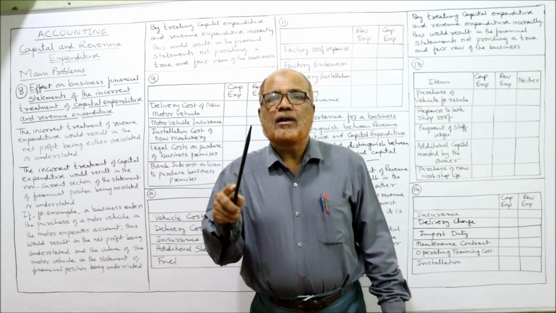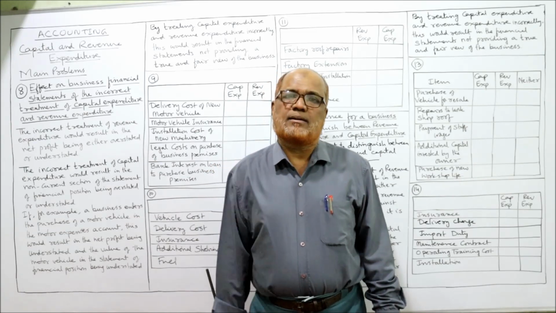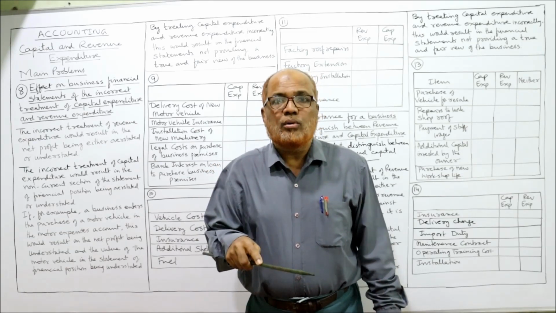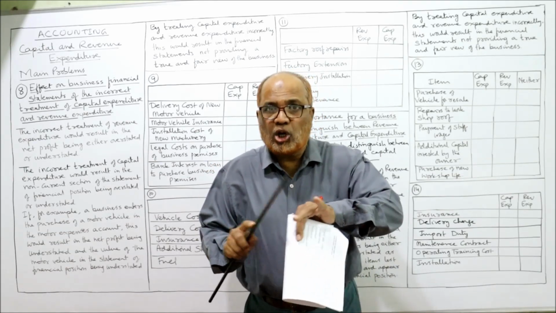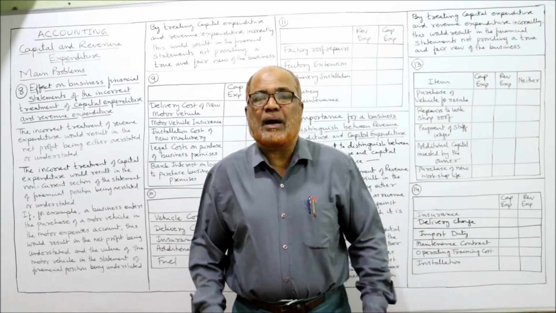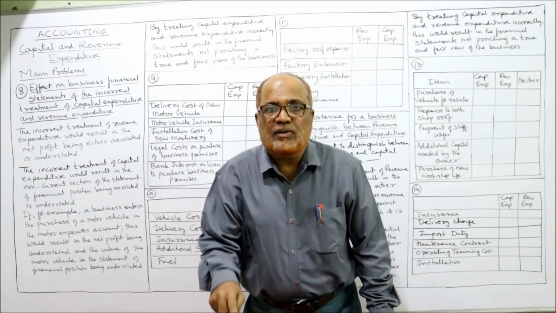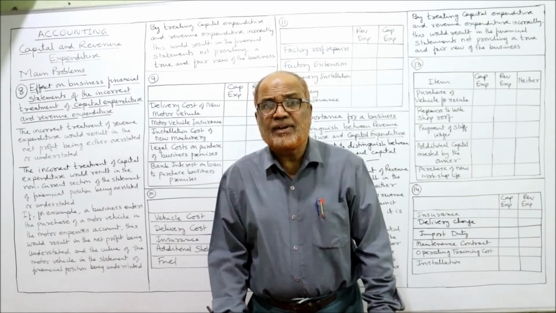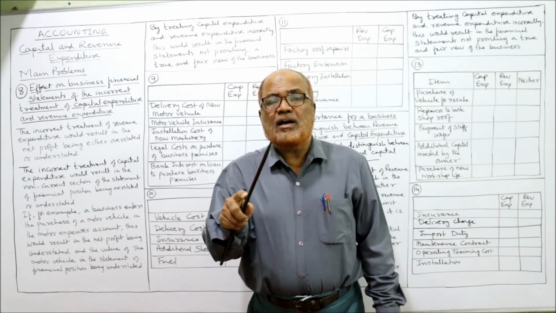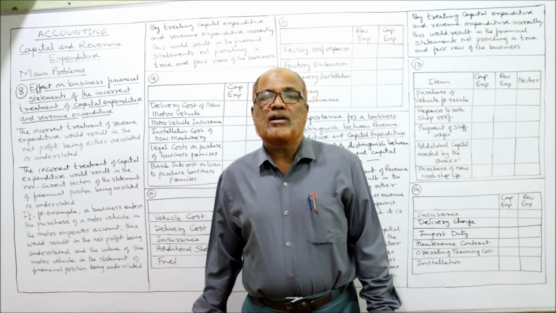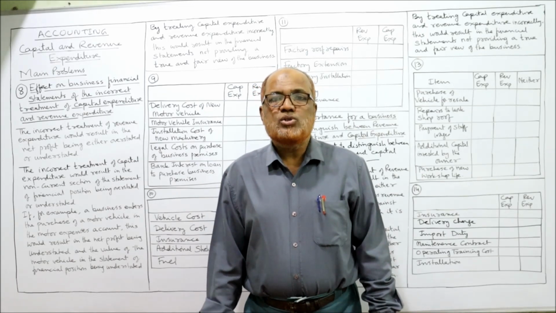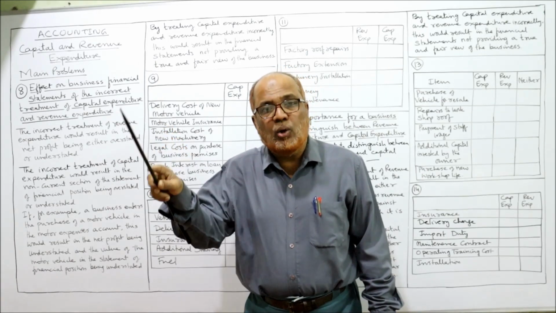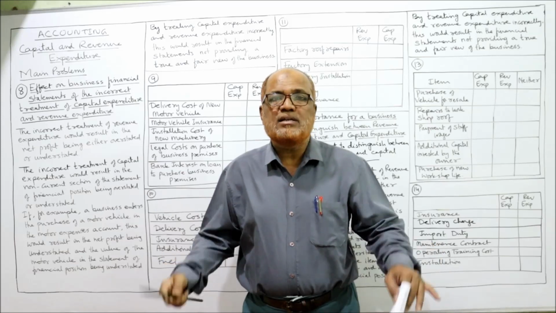Then the profit will be understated, because the motor vehicle should not be charged in the income statement. So profit will come down. That is the first effect. Second effect: the motor vehicle is not taken in the non-current assets section, so non-current assets will be lower in value than what they actually are.